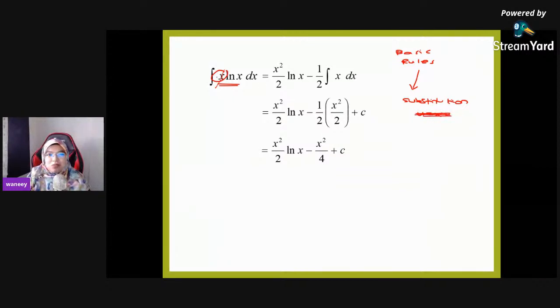So substitution doesn't work here. If I choose u equal to ln x, then its derivative is 1 over x, but I don't have 1 over x inside here, so I cannot use substitution. Using x doesn't work, using ln x doesn't work either. Therefore I'm going to use integration by parts.